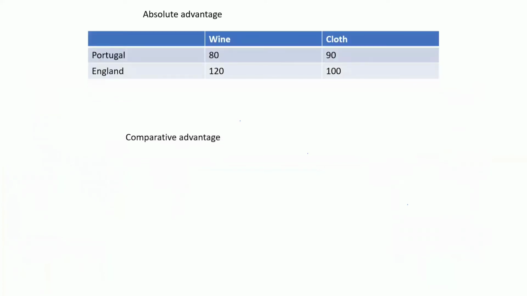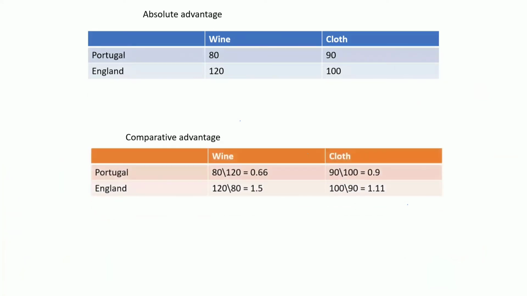So now let's look at the absolute advantage. So here, Portugal has absolute cost advantage in producing both the goods, that is the wine and cloth. Okay. So now let's look at the comparative advantage. So while Portugal has absolute cost advantage in both goods, it has comparative cost advantage in wine as 0.66 is less than 0.9.